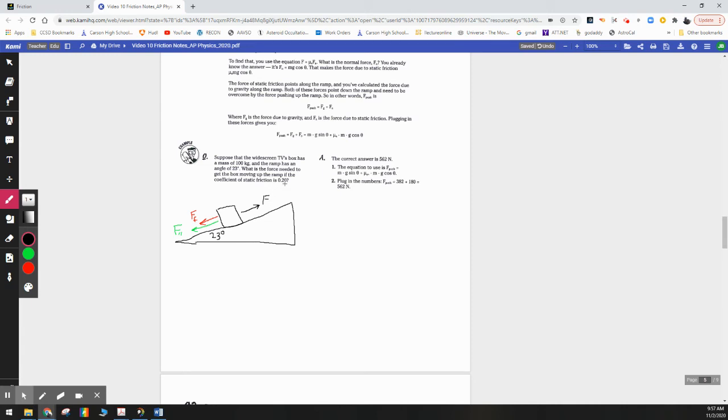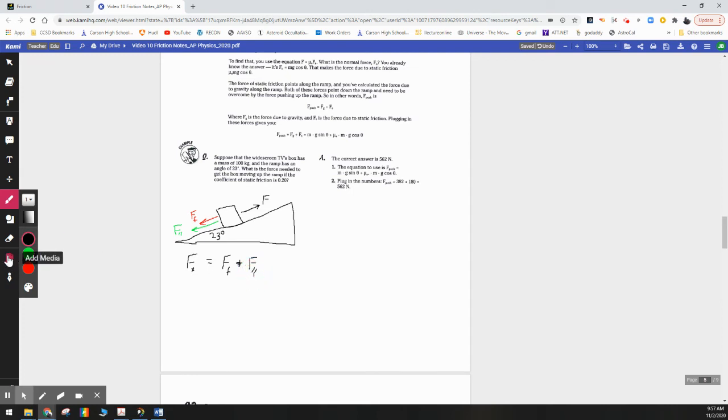So the question is, what force is needed to get the box moving? We're only concerned about the x direction in this motion, so we'll call it up the ramp. We'll say what force is needed, in the x direction, and it has to overcome the force of friction, and it also has to overcome the force parallel, which should be a plus sign here, and the parallel force.